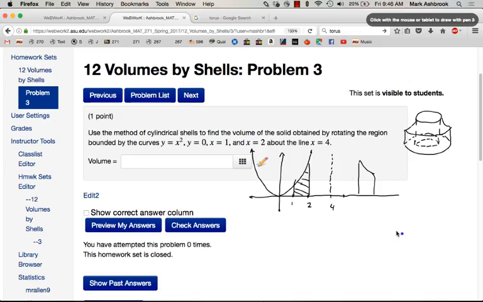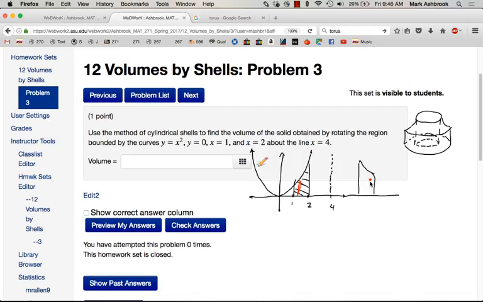So if you're going to do this by washers with horizontal slices, washers stacked up, you would need 2 integrals. You see that? You need 2 integrals. Because it changes. At this intersection point, your typical horizontal element would change, right? At that intersection point right there. That's one reason why these shells are advantageous in this problem, because it just takes 1.